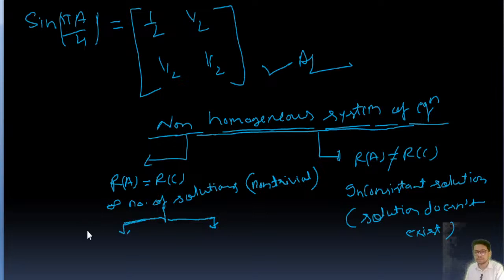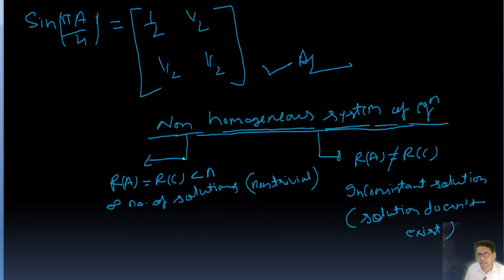The first part is, if RA equal to RC, and rank of RC and rank of A is less than N, in that case it has infinite solution, non-trivial solutions, okay.